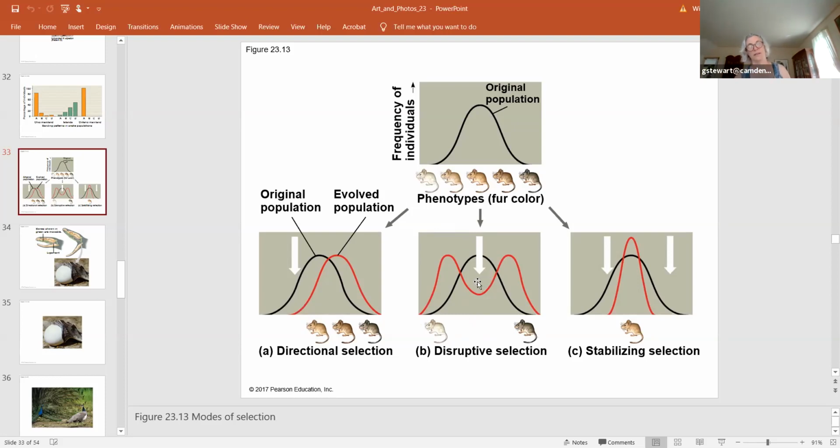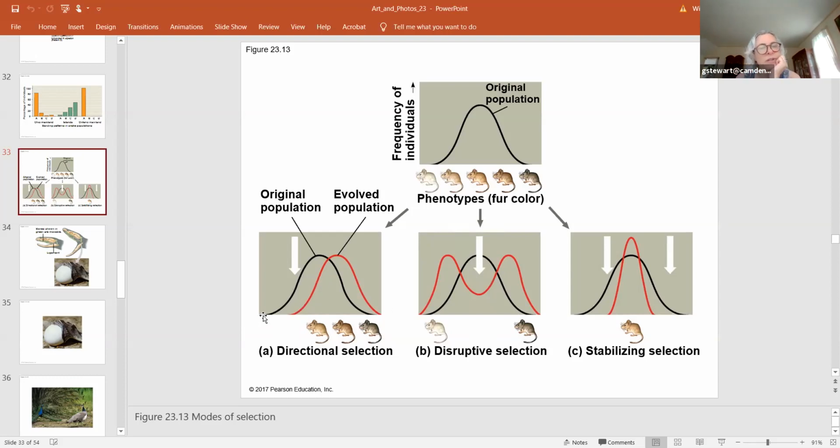So let's say there's some sort of incident where a road gets put in through the grass, and the mice that are closest to the beach and lightly colored can blend in, and the mice that have the darkest color can blend in closest to the road, and that area where the brown mouse fit is no longer there, so the hawk can see them best, right? That would be an example of disruptive selection.